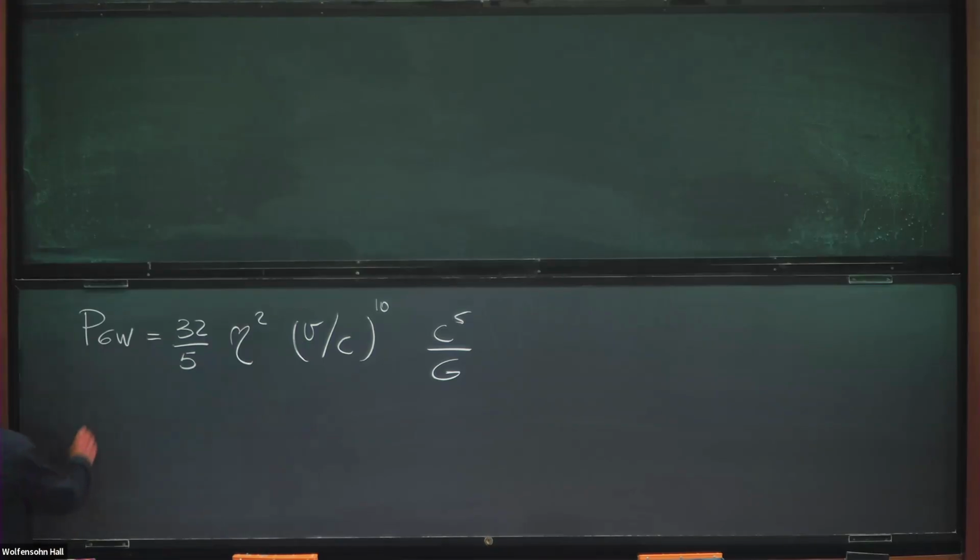And so I had also defined a gravitational wave timescale, by taking the binding energy and dividing it by the power emitted in gravitational waves.